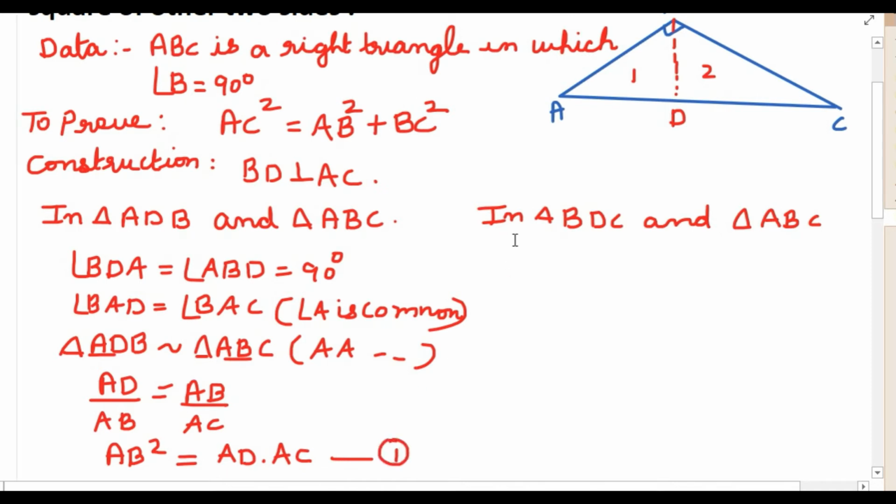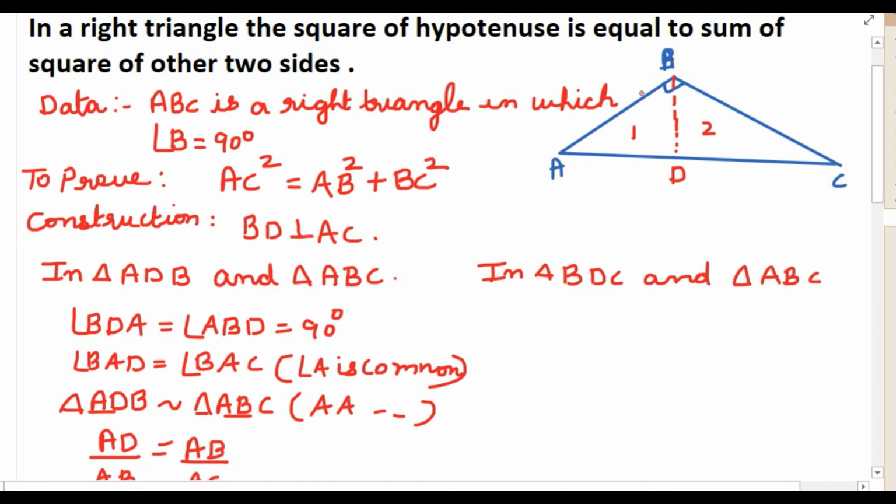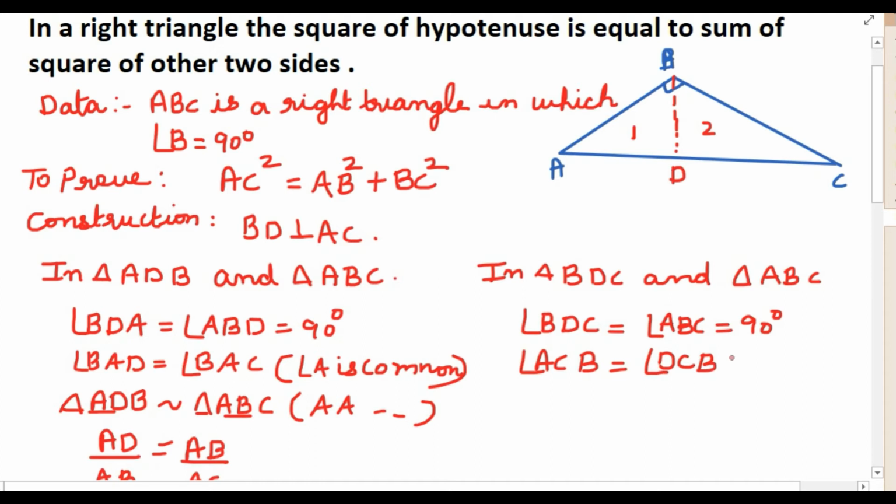Similarly, I will take the triangle on the right side and the big triangle. Again, we can see that angle BDC is equal to angle ABC is 90 degree, and in this triangle C is common. I can write angle ACB is equal to angle DCB because angle C is common in these two triangles.